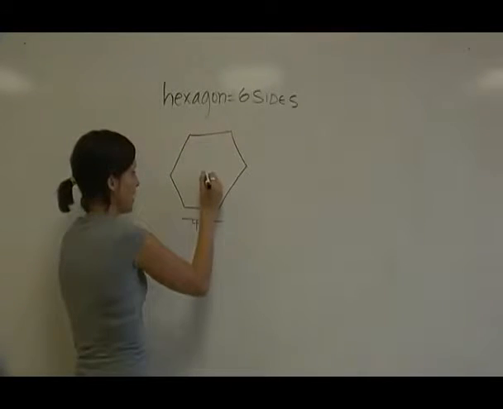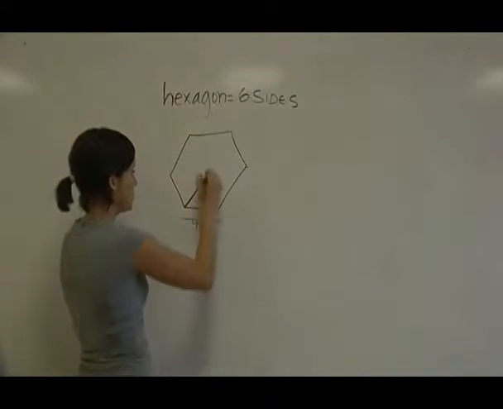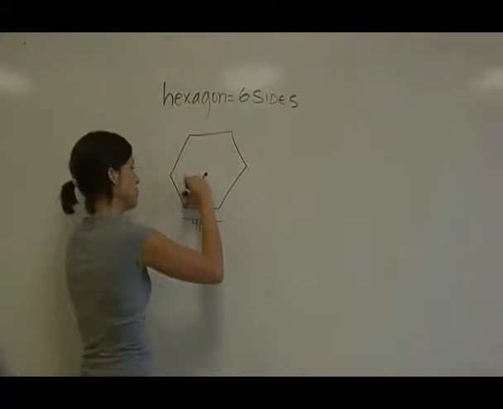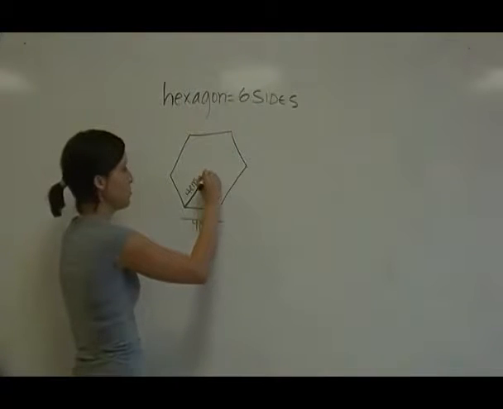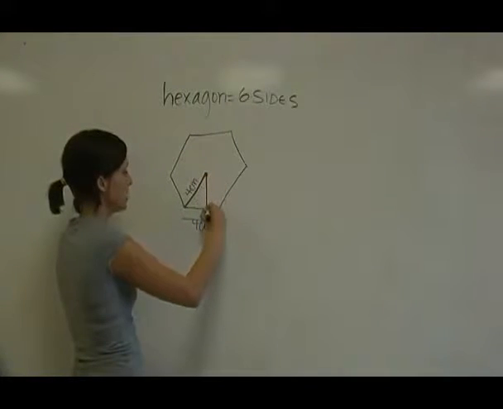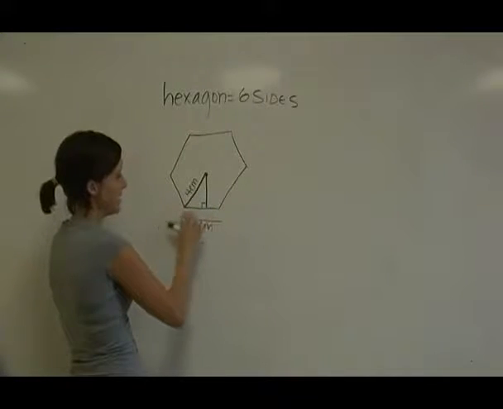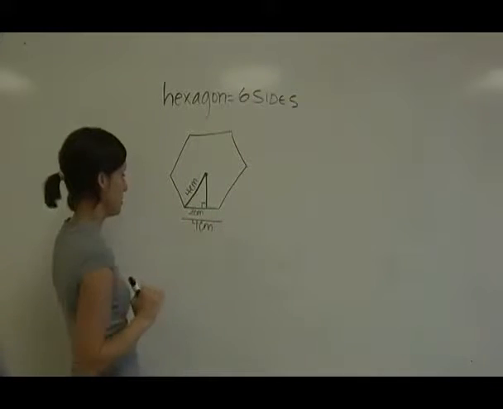So the radius, you need to draw it in. The radius is always going to equal the measure of the side. Then you can make yourself a right triangle by making a perpendicular line from the radius to the base, cutting the base in half. So we know that this side would equal 2 centimeters.